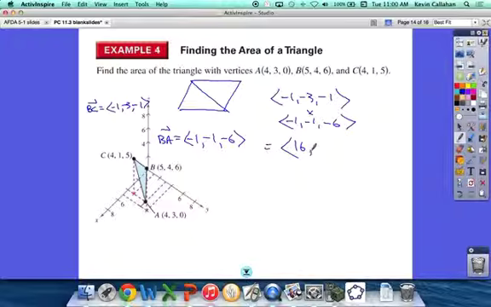Cover up the middle. 6 minus 1, which is 5, with a negative in front of it. Did I get that wrong? Yeah, you're right. It should have been 18 minus 1. I think I do that every year. Okay. So that should have been 18 minus 1, 17. And the last one, 1 minus 3, which is -2.